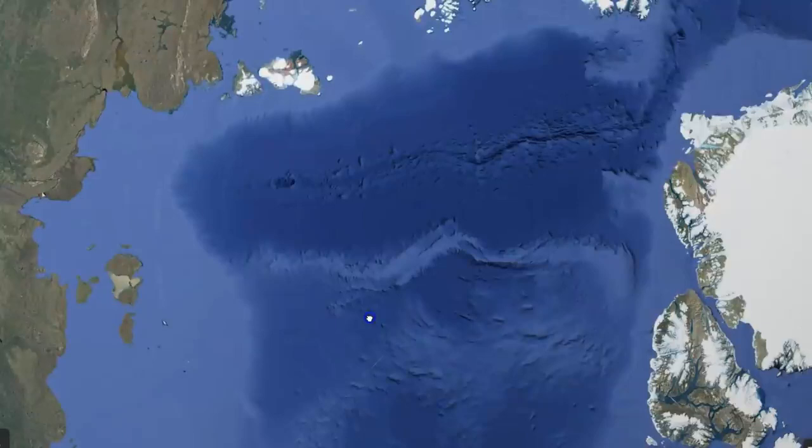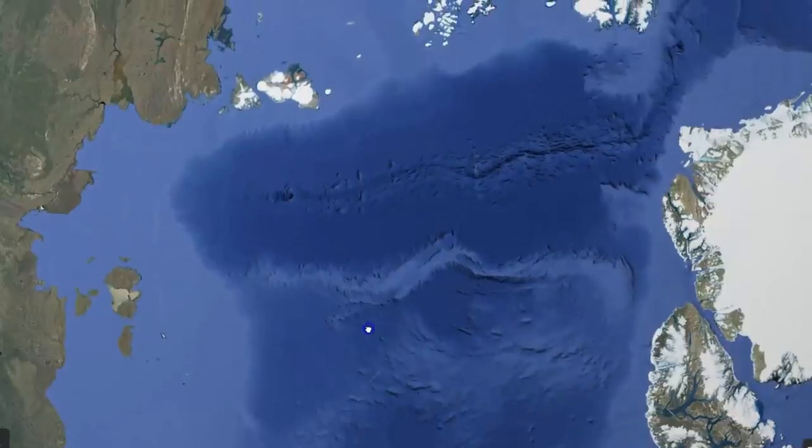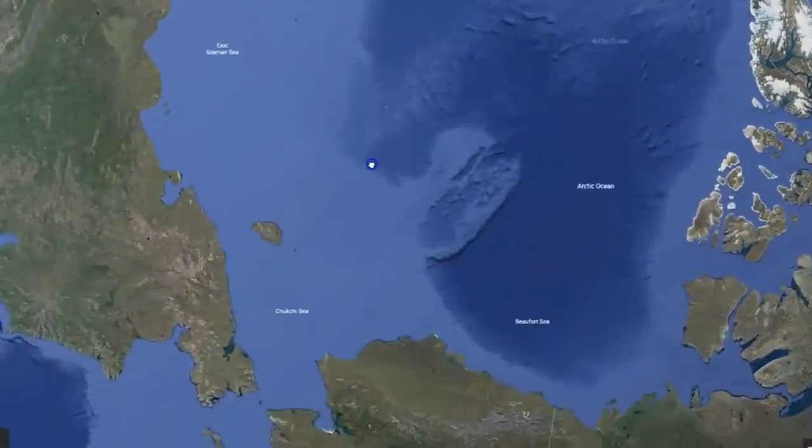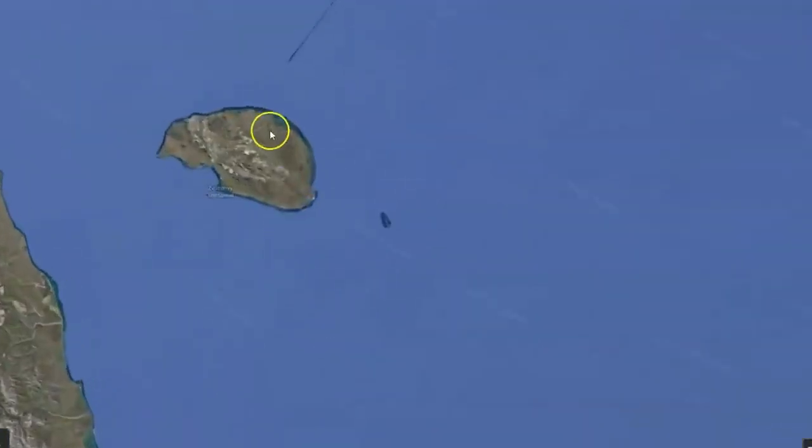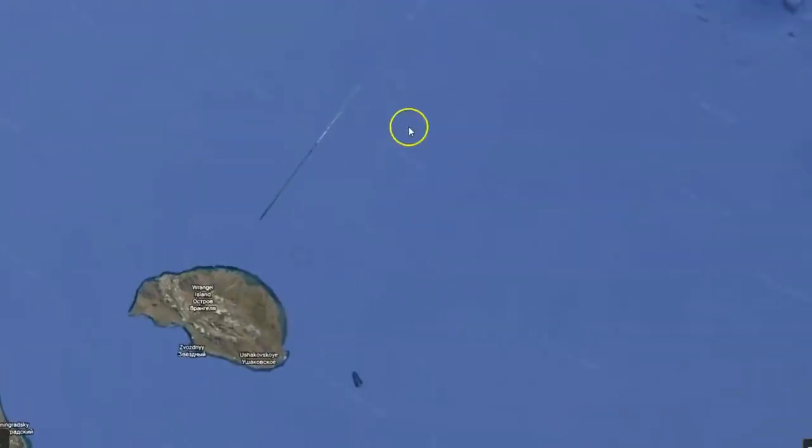A closer look at the North Pole here is very telling. Zooming into this little island, something interesting appears. A glitch in the matrix. A line that runs from this island to the center of the Arctic Sea.